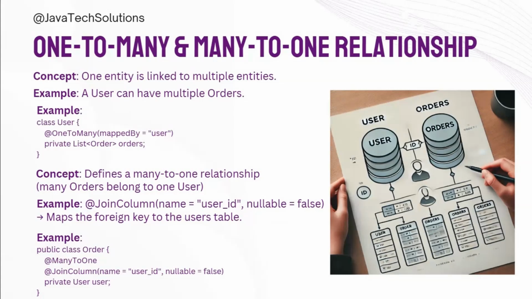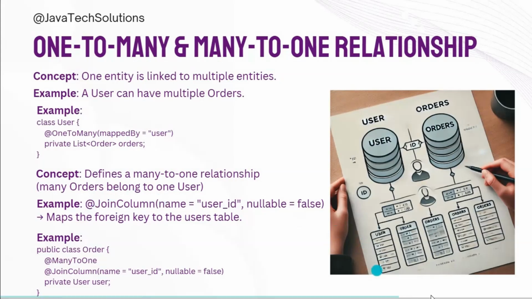A one-to-many relationship means one record in table A is associated with multiple records in table B. For example, one company has many employees, or one author has many books, or one course has many students. Vice versa, many-to-one is simply the reverse of this, meaning many employees belong to one company, or many books are written by one author.